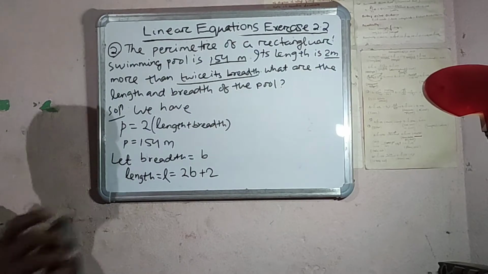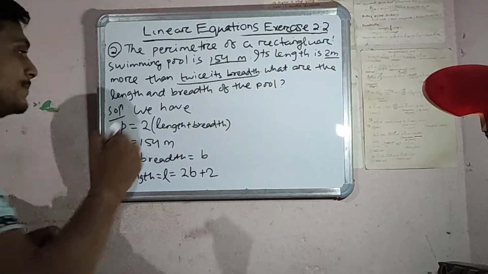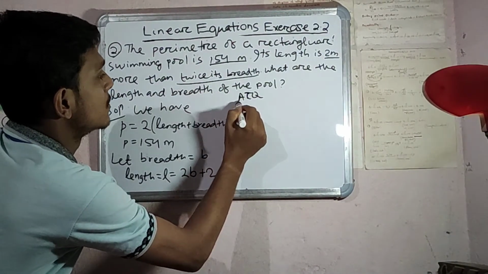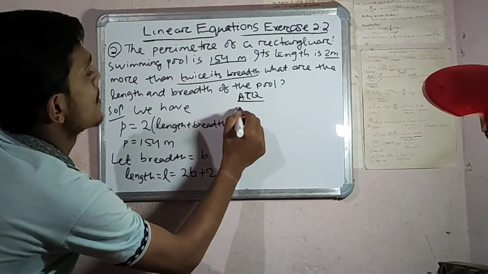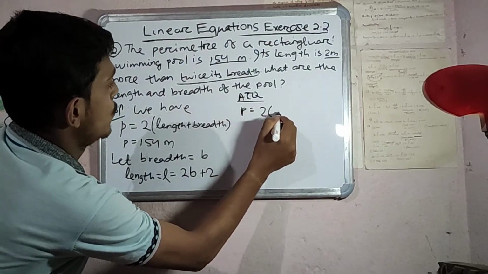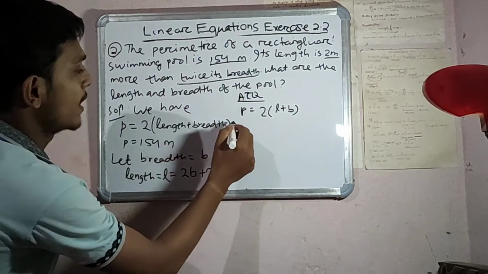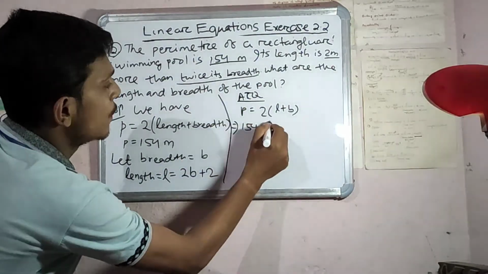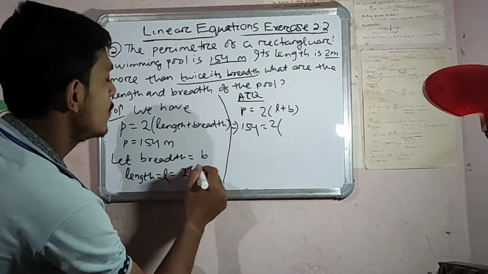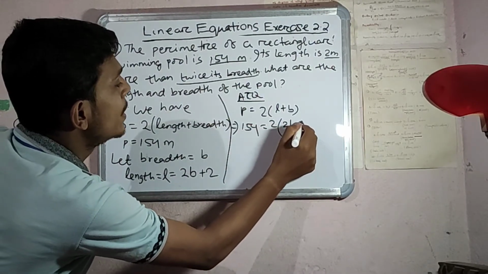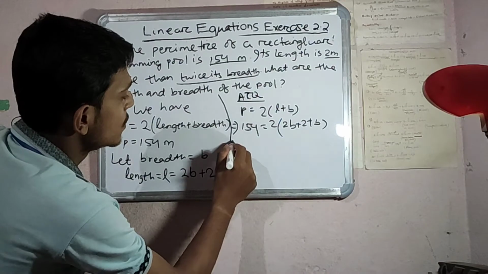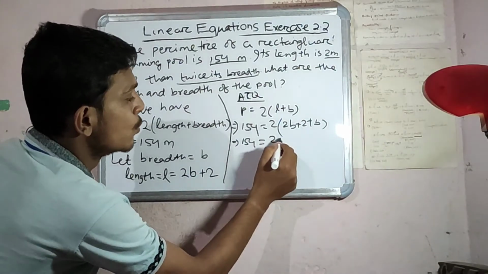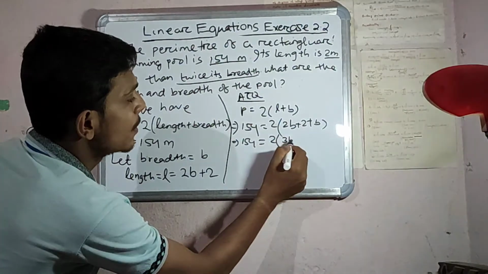So according to the question, we have P is equal to 2 times L plus B. That is 154 is equal to 2 times L plus B. What is the value of L in terms of B? 2B plus 2 plus B. So 154 is equal to 2 multiplied with 3B plus 2.